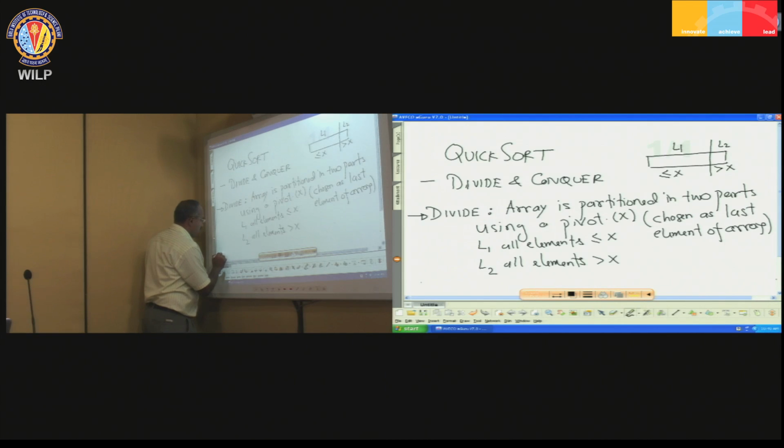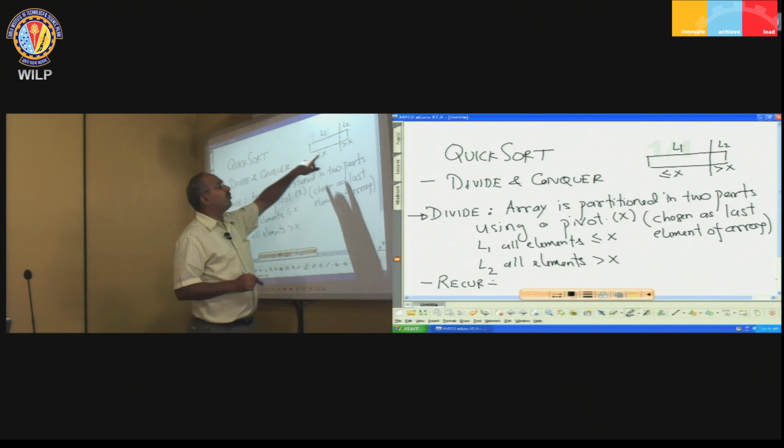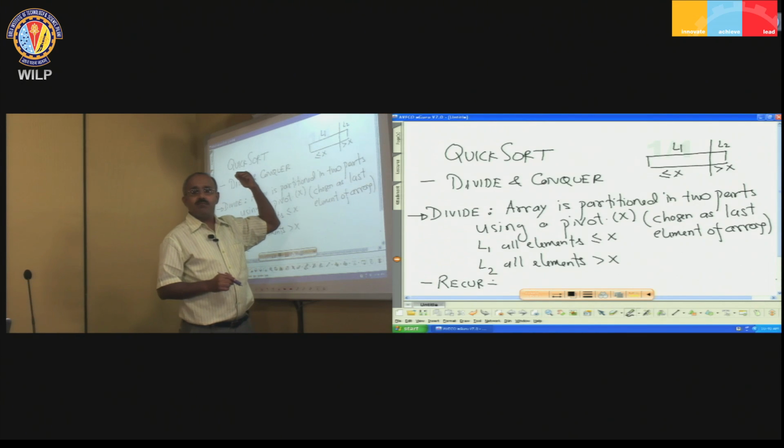Now, your recursive stage. We are going to do this recursively. Now, we have two parts L1 and L2. To both the parts, we are going to apply the same quicksort algorithm.